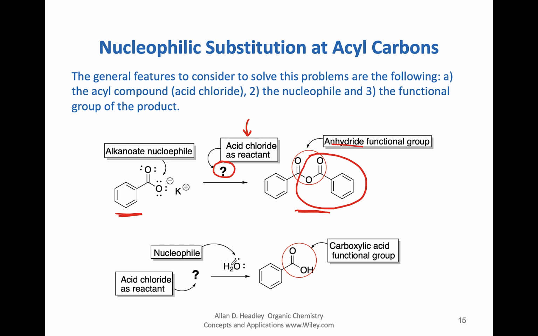This is a nucleophile, as you can see from one of those pairs of electrons. The product that was given is a carboxylic acid, which means that this has to be an acid chloride. But bear in mind though, the acid chloride has to look like that. Make sure you get the structures correct for these predicted reactions.